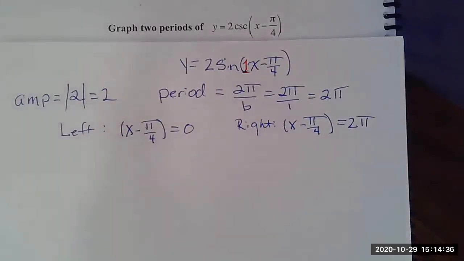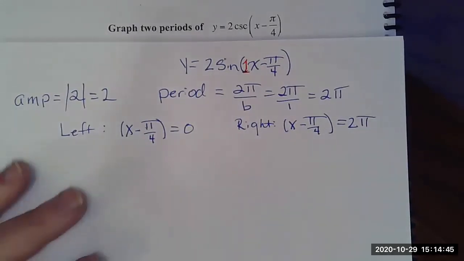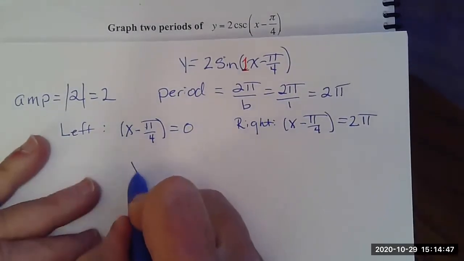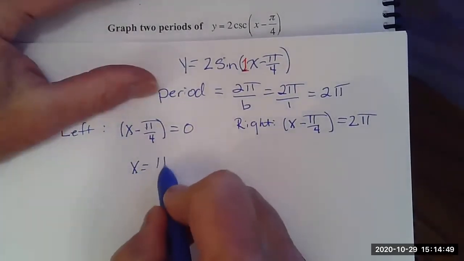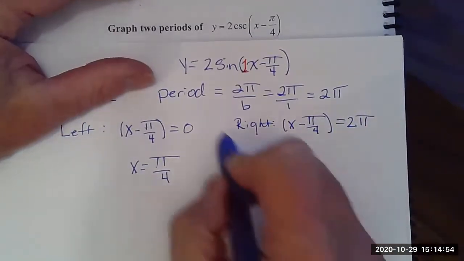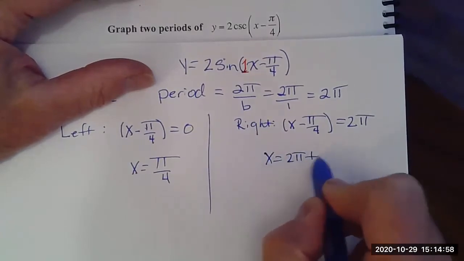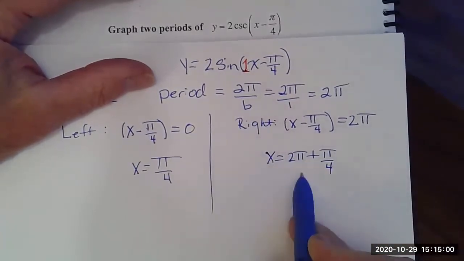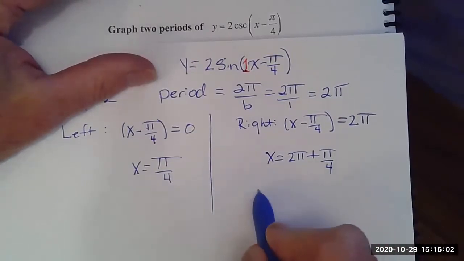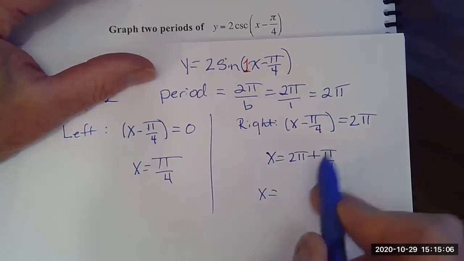So my left endpoint and right endpoint get shifted. Instead of being 0 and 2 pi, they get shifted to the right, and you do it by adding pi over 4 in this case to both sides. So pi over 4 and over here, add another pi over 4. So there's 8 of the pi over 4s plus another one, 9 pi over 4.